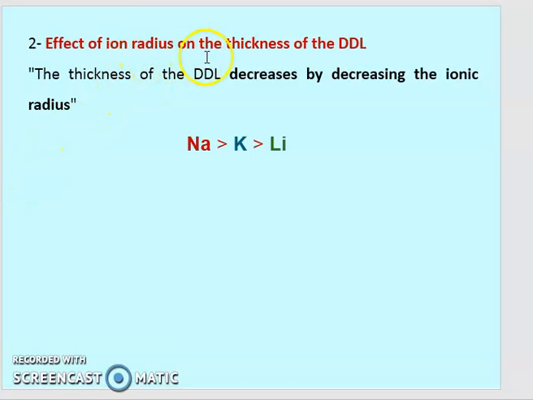Effect of ion radius on thickness of double layer. The thickness of the double layer decreases by decreasing the ionic radius. If you have a lower ion radius, then you will have a lower thickness of double layer, like here.